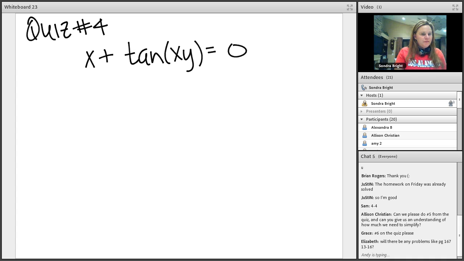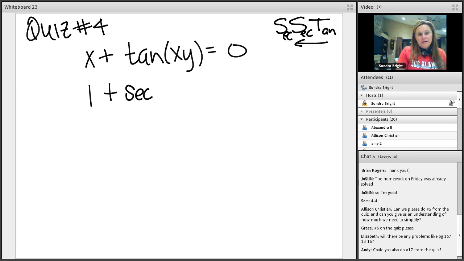Okay, so derivative of x is 1, and then derivative of tangent, remember, psst, which means secant, secant, tangent. So if I'm taking the derivative of tangent, it's secant squared of blah, blah. So you leave that alone.